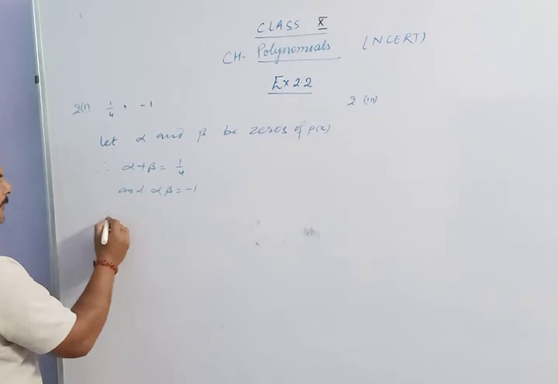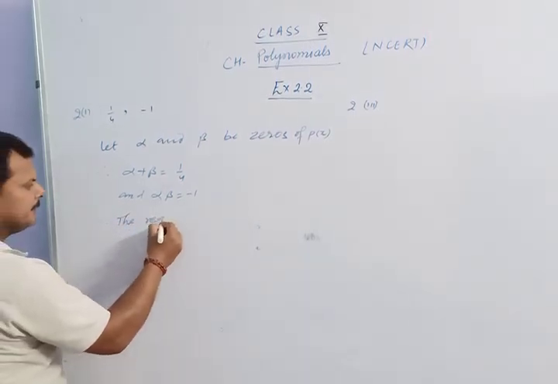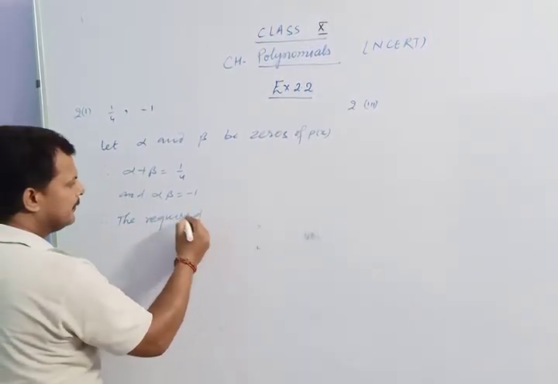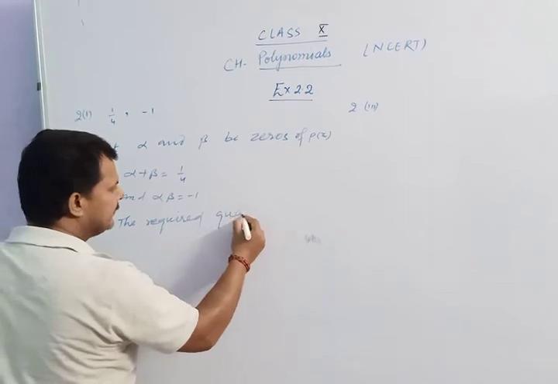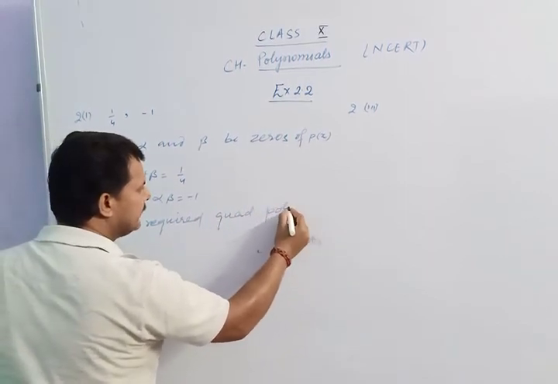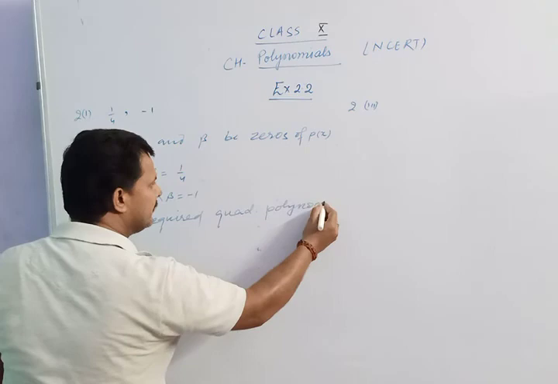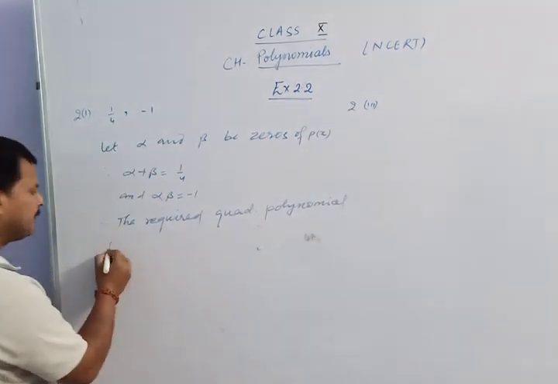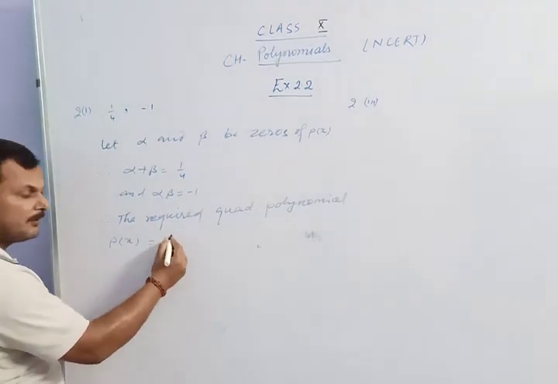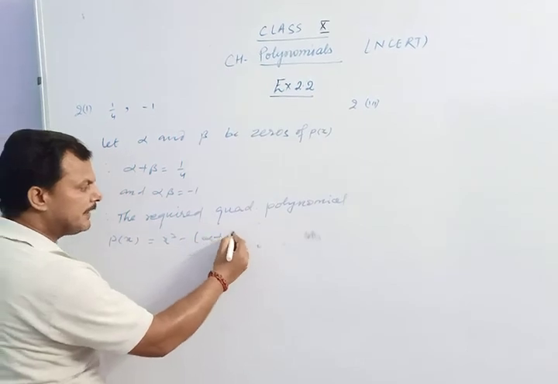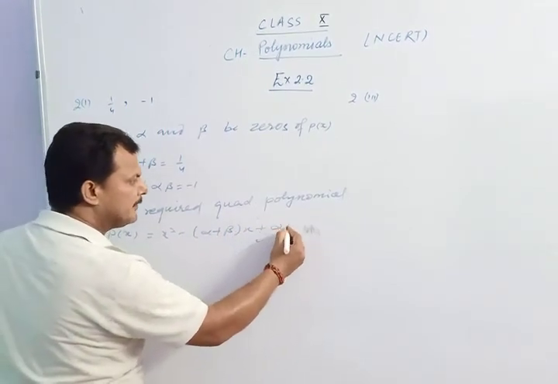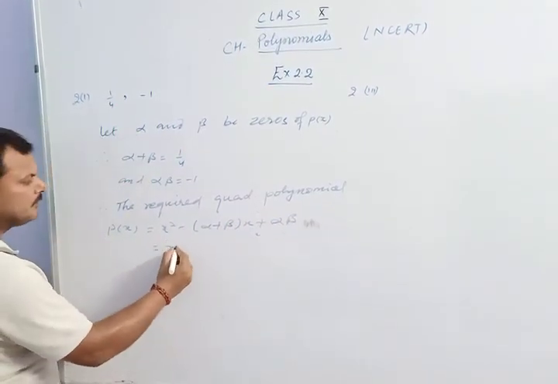So therefore, the required quadratic polynomial, you have to write the formula px is equal to x square minus alpha plus beta x plus alpha beta. Now you have to substitute the values.